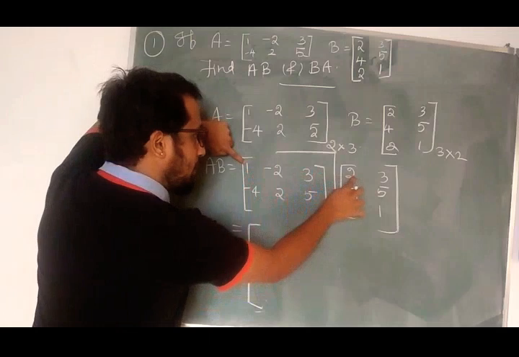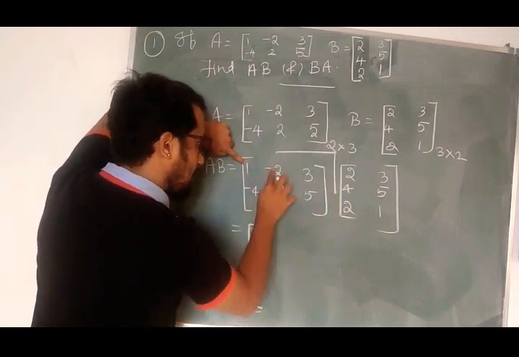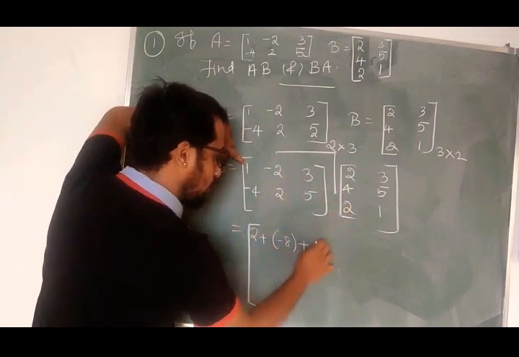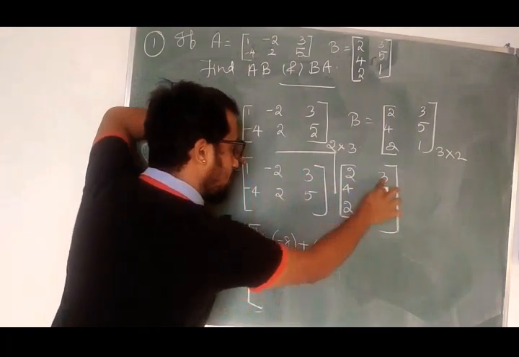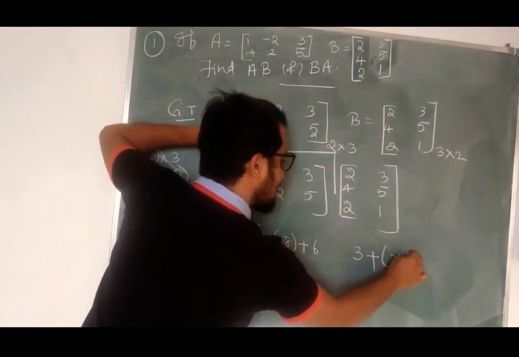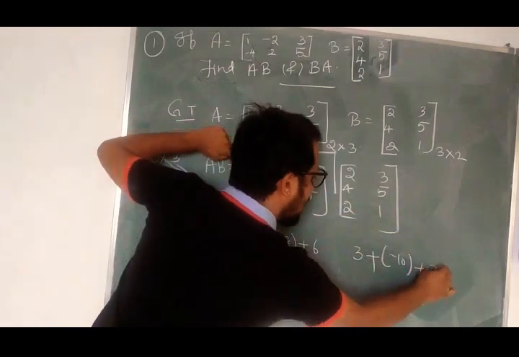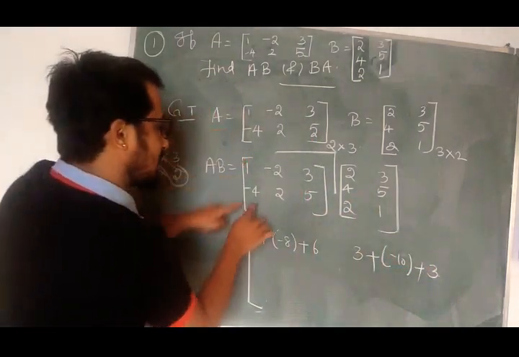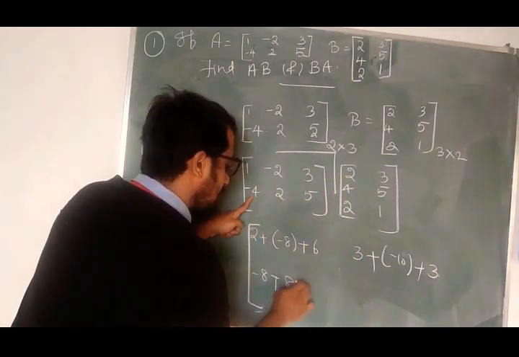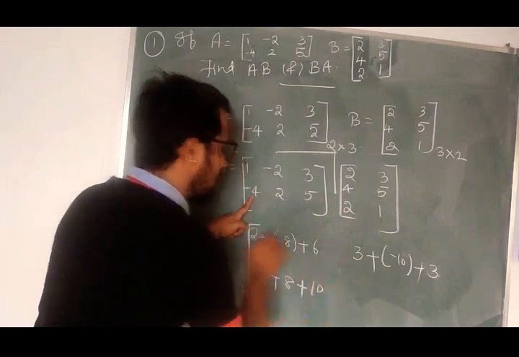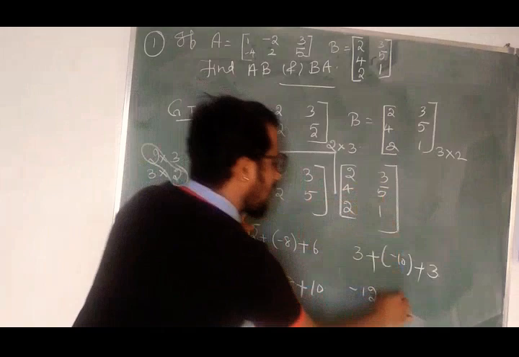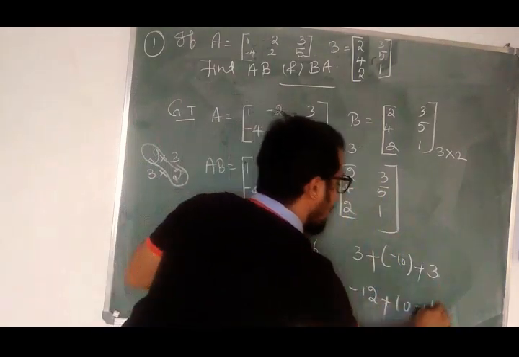That is 1 into 2, 2, plus -2 into 4, -8, plus 3 into 2, 6; 1 into 3, 3, plus -2 into 5, -10, plus 3 into 1, 3. Now the second row: -4 into 2, -8, plus 2 fours are 8, plus 5 twos are 10. Now -4 into 3, -12, plus 2 fives are 10, plus 5 ones are 5.